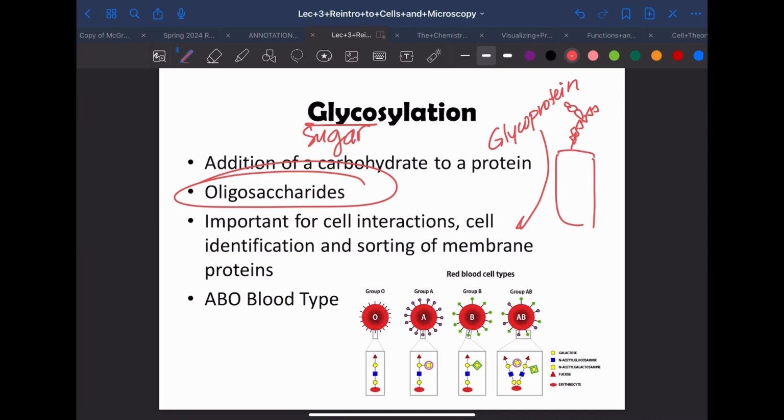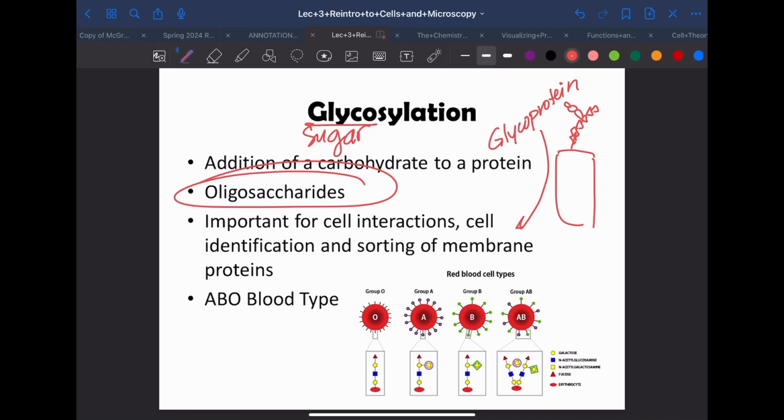An example of glycoproteins are the ones that you see on the edges of your red blood cells. This is how we determine what blood type you are, because of the glycoproteins, the sugars that stick out of your membrane. And this is how your body knows that you're being given the wrong type of blood, because the red blood cells will find this blood, whatever it is, and if it doesn't belong in your body, then they start attacking it.